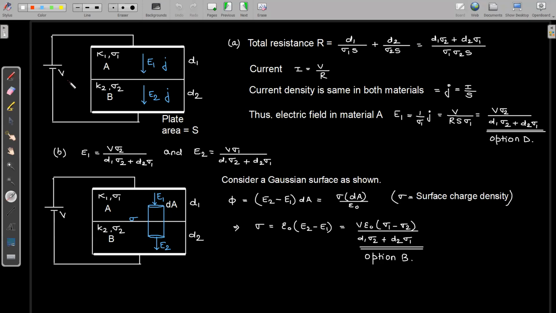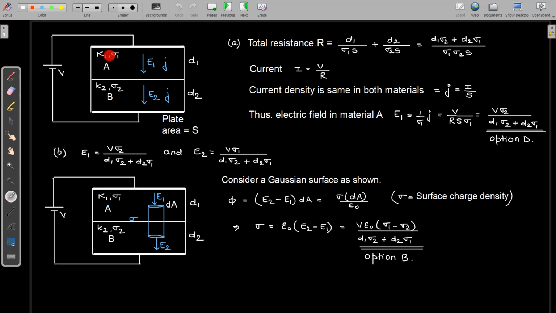Now, you can see that the total current flowing through this battery is suppose I, and the current flowing through material A and material B, these two currents will be same. Now we know that if the plate area is S, then current density is current divided by the area perpendicular to flow of current.